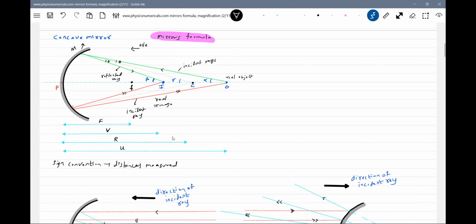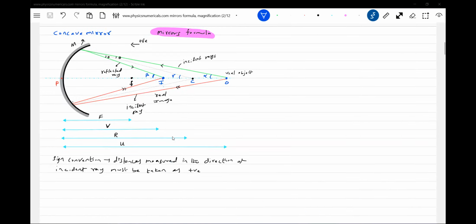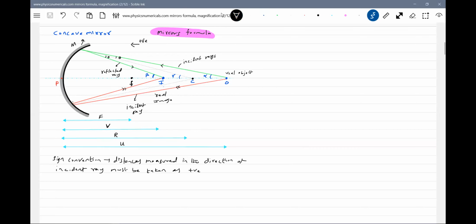Distances measured in the direction of the incident ray must be taken as positive, and all the distances are measured from the pole.